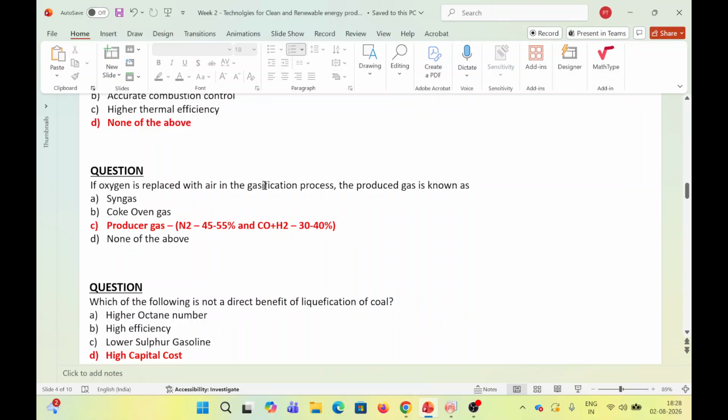Any doubts in these three questions? These three are very straightforward ones, so I hope there should not be any doubt. If you have, then let me know, or otherwise you can progress to the next one.